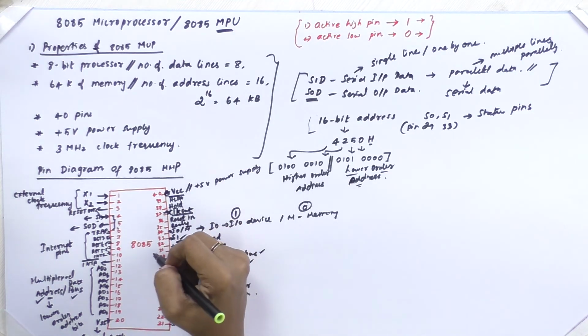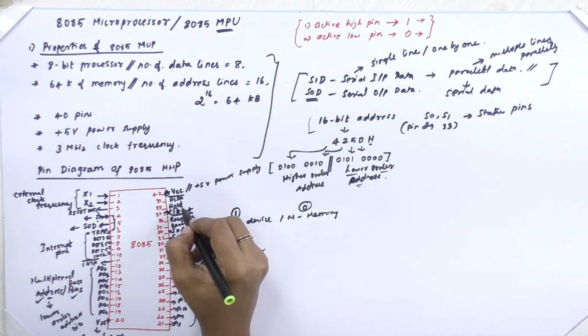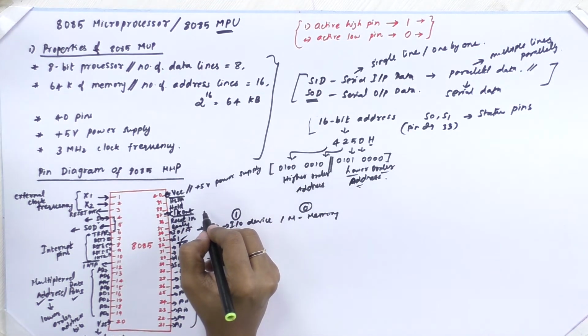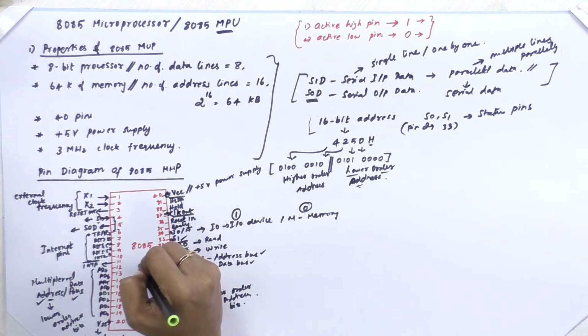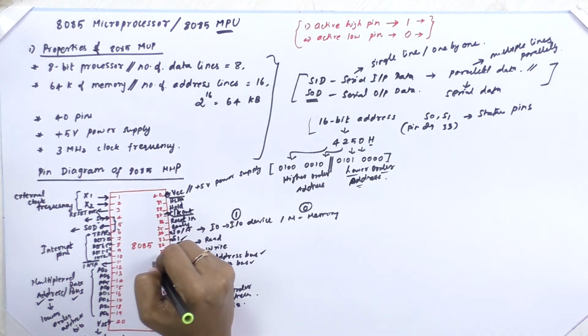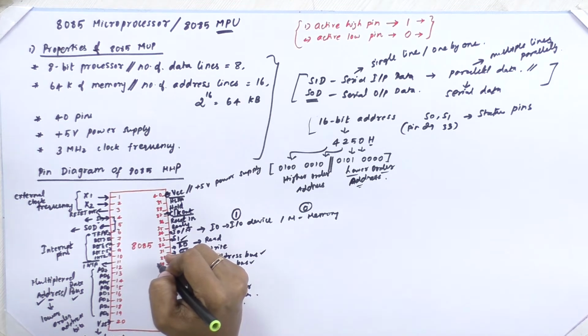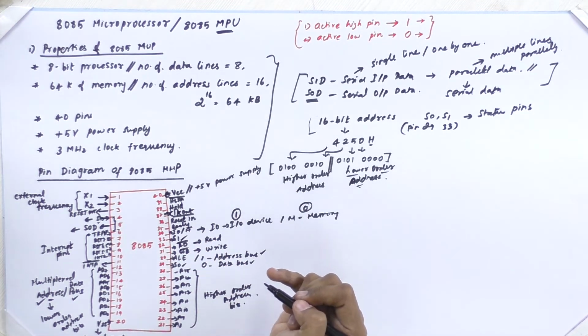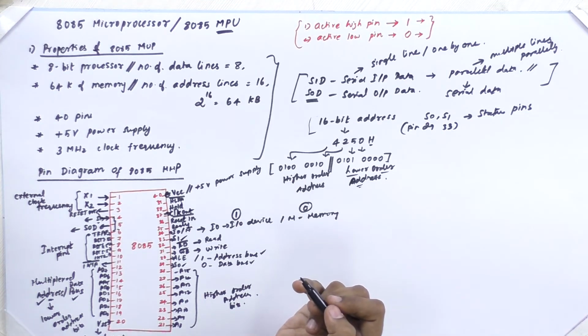Whenever this processor 8085 receives the hold signal or hold request from externally connected peripheral devices, this processor will relinquish the control over the address and data bus to the requesting IO or peripheral devices.